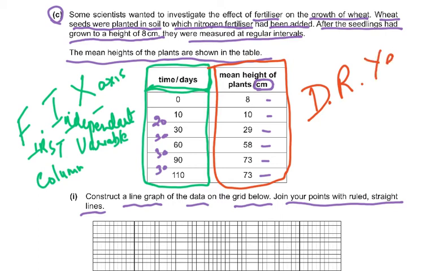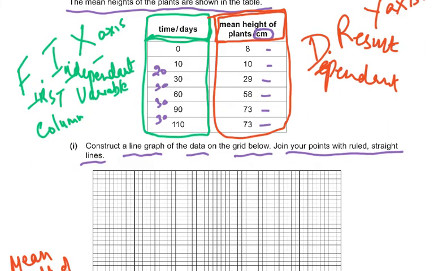So the normal rule is the second column will be the one which is going to be plotted. So the mnemonic is dependent variable is always the result which you are calculating or measuring in the lab, and that's always on the y-axis.